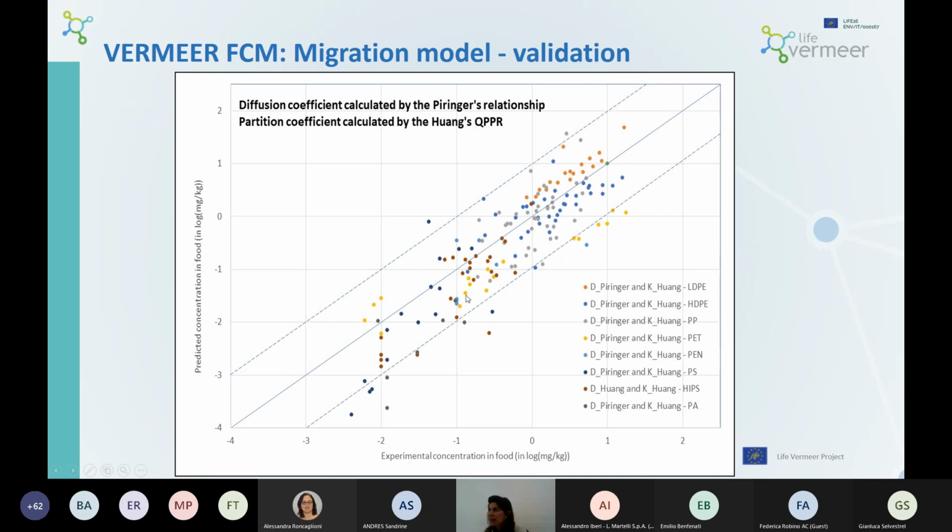And this is how this outcome looks. Here you have the experimental concentration in the food, and here you see the predicted concentration. And you see that there is a very good correlation between both. Again, as I mentioned before, we used in this migration model the diffusion coefficient calculated by Piringer's relationship and the partition coefficient calculated by Huang's model.